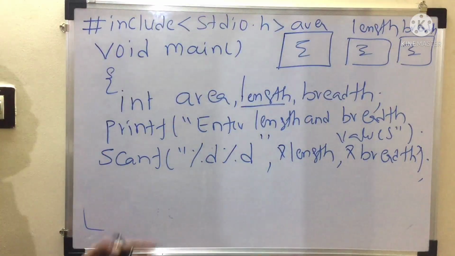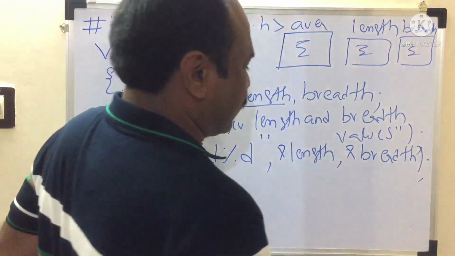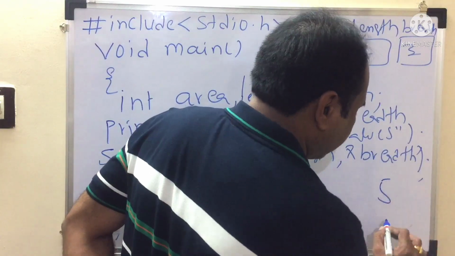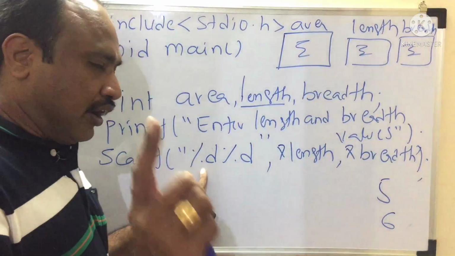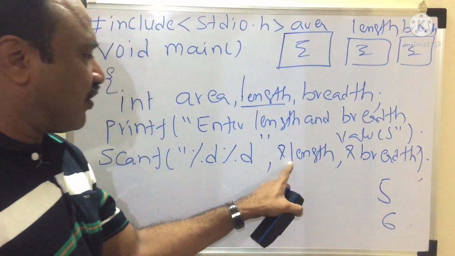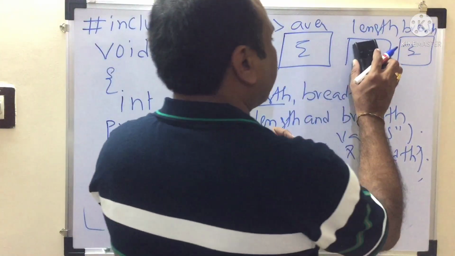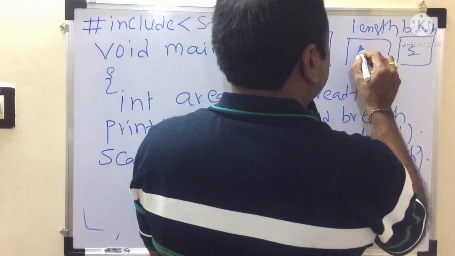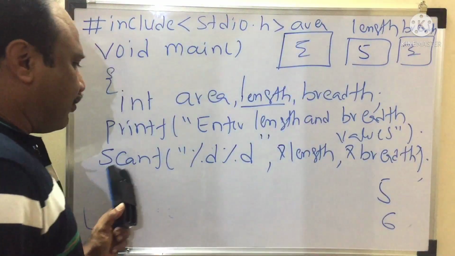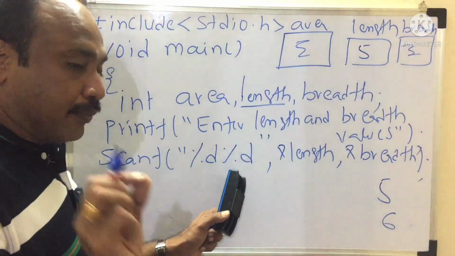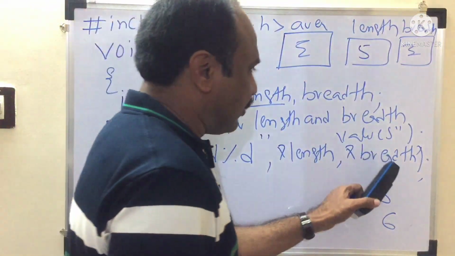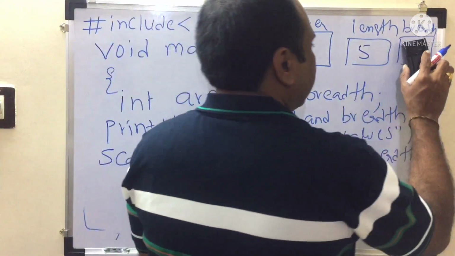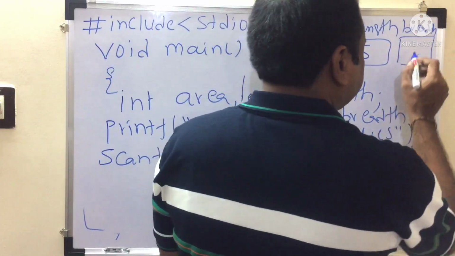Now it will ask you to enter length and breadth values. I entered 5, enter 6. Scanf reads the first value as an integer and stores it under length, so the length value becomes 5. Then %d reads the second integer and stores it under breadth, so the breadth value becomes 6.